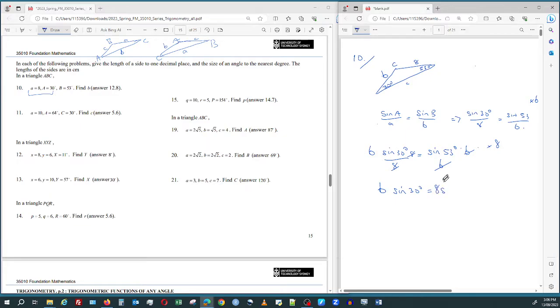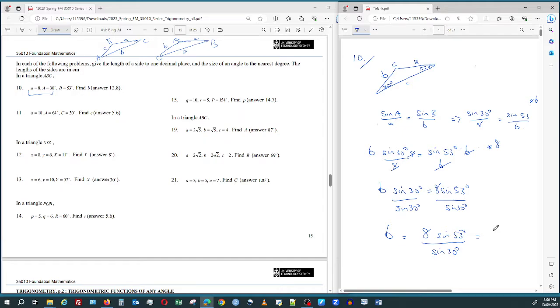So 8 sine 53. That's because we multiplied by 8. Now all we've got to do is divide by sine 30. So B is equal to 8 sine 53 in degrees. The calculator's got to be in degrees. And we know that's a half anyway. Alright?